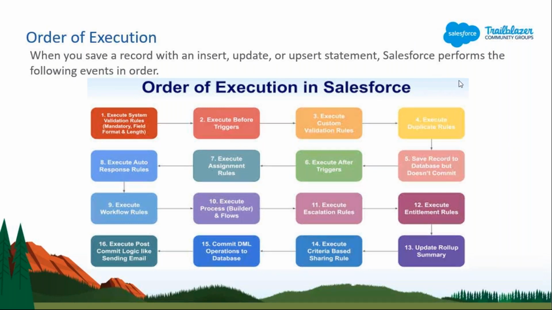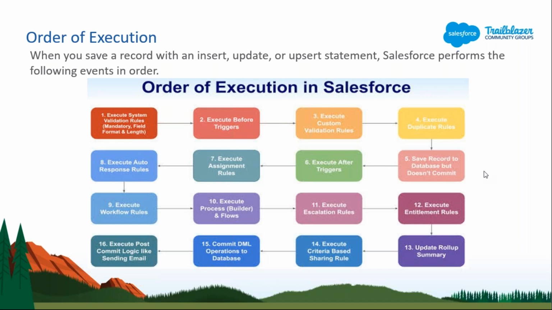Suppose I am not bulkifying that trigger, and I am inserting 200 records. At that time it will give an error, governor limits exceeded. And then what about all the records, will they be rolled back, or can 150 be inserted?